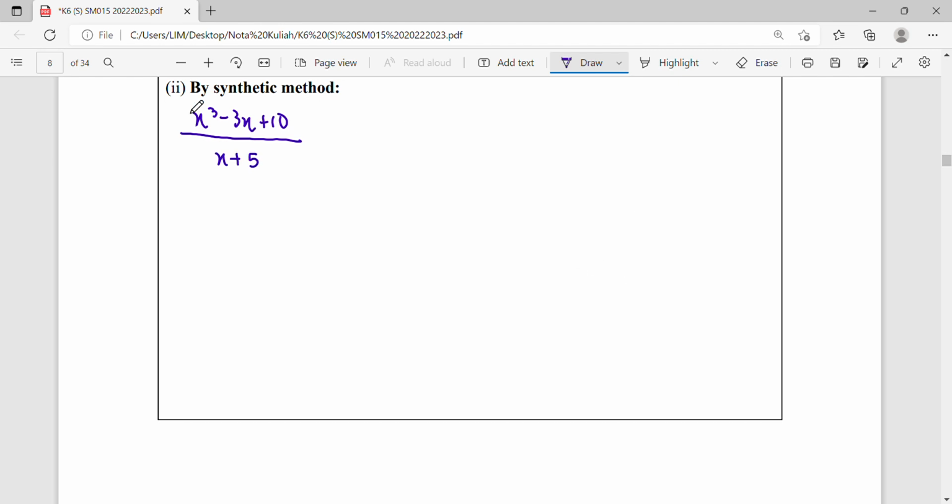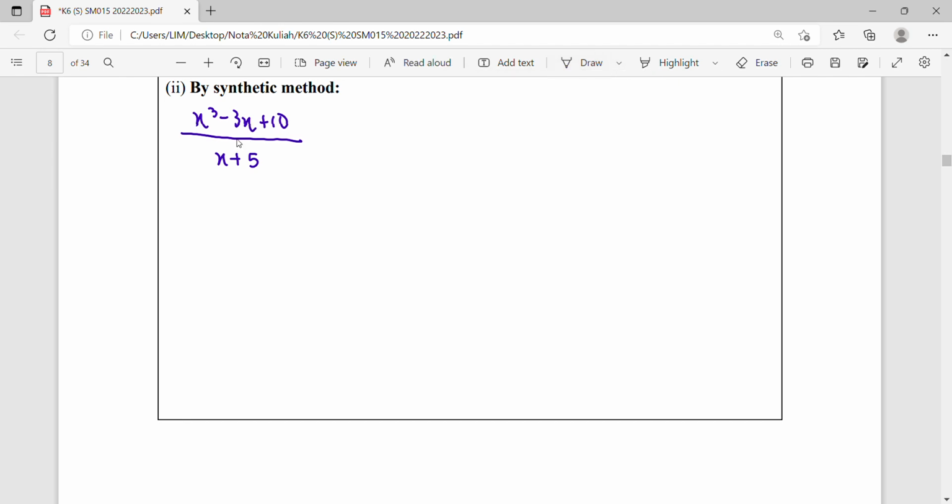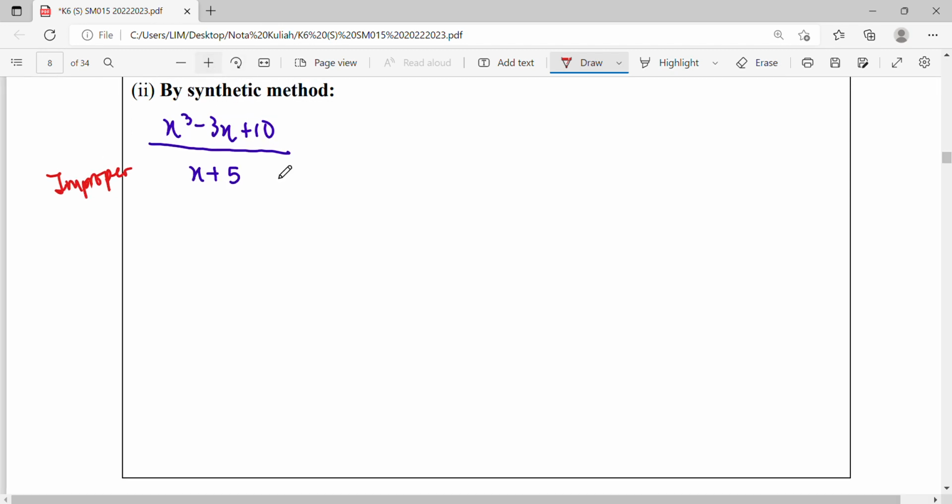So this is our improper fraction, as you can notice here. The cubic polynomial is greater than the linear polynomial in terms of power. Cubic has power 3, linear has power 1 only.